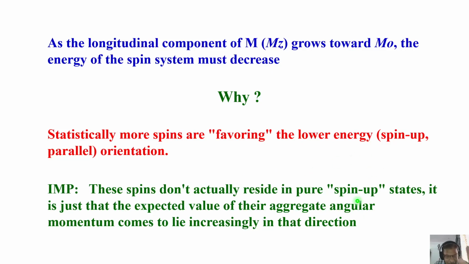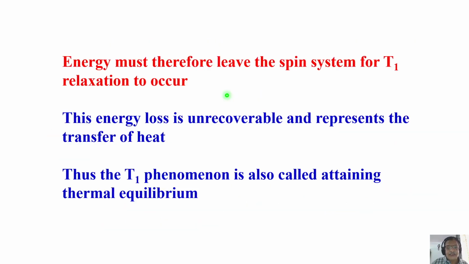There are spins in both alpha and beta states. But the average expected value of all the spin angular momentum taken together is that there is a probability that more spins are in this direction. That's all. You can't say there are no spins in beta states. It is there. Probability is more along this axis. That we have been discussing many times. So spin systems start losing energy because in the more favored orientation, there is excess spin in one of the states.